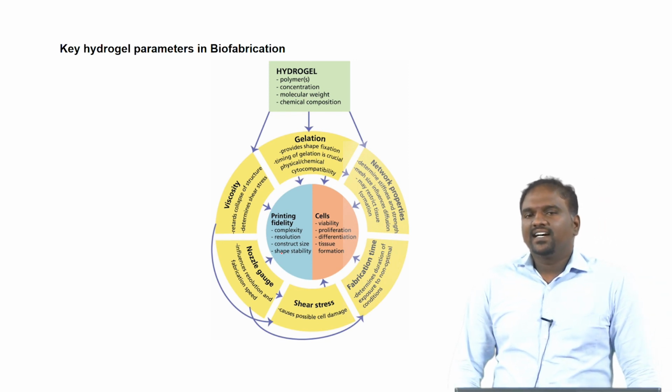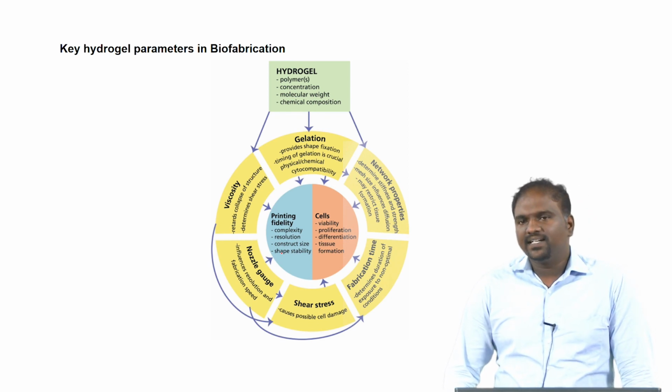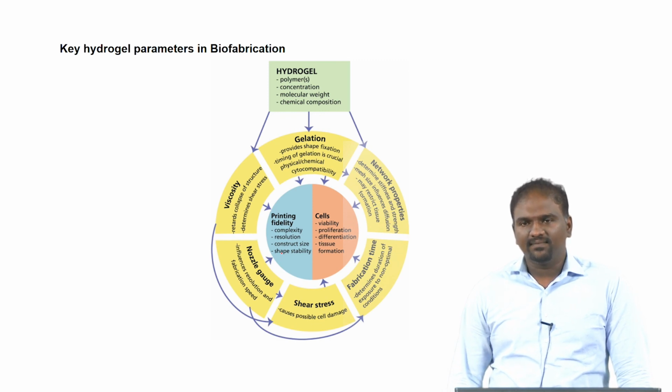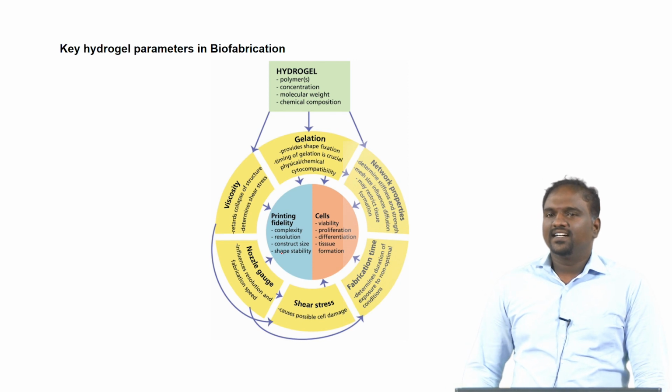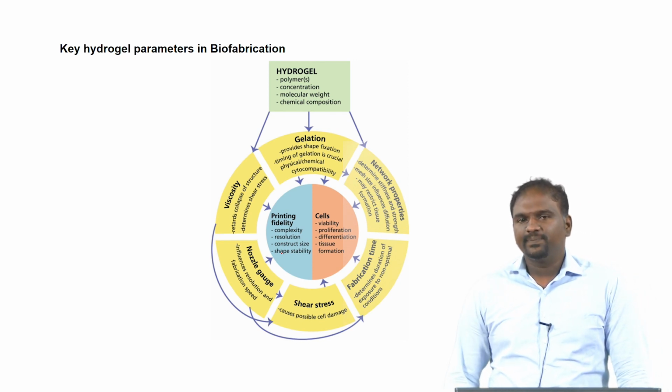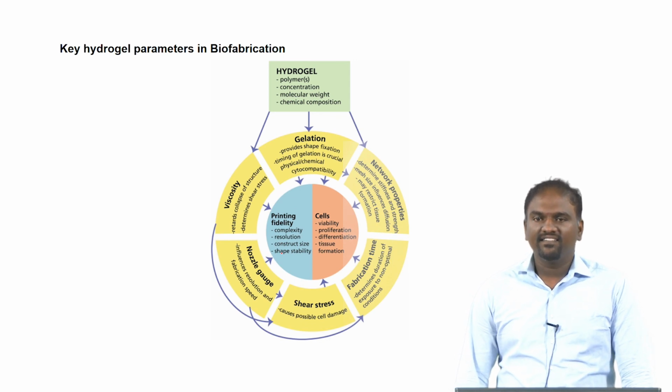Consider a material that forms a gel, but when you apply some stress, the cells are not viable. Then it is of no use. Or when we print, if it is not making a gel, then also it will not be useful. So the printing fidelity and the speed at which gelation occurs play a very important role.